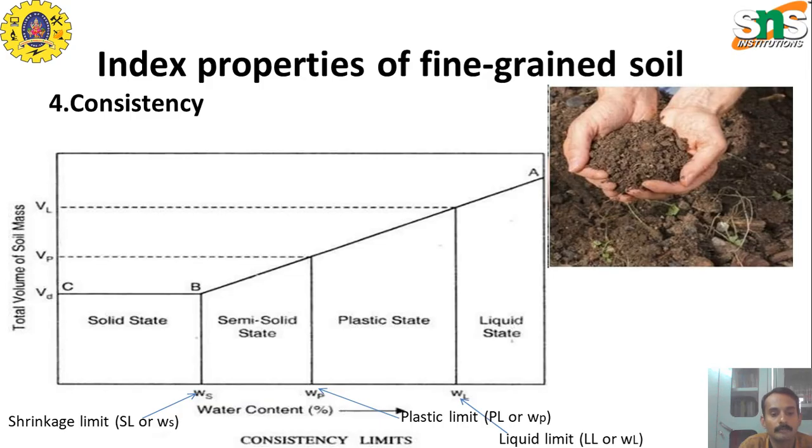On further addition of water, it gets converted into semi-solid, and also upon further addition it is converted to plastic state, and finally it attains liquid state on adding a certain amount of water. So boundary water contents, which represent different phases of soil, are termed as consistency limits or Atterberg limits of soil.